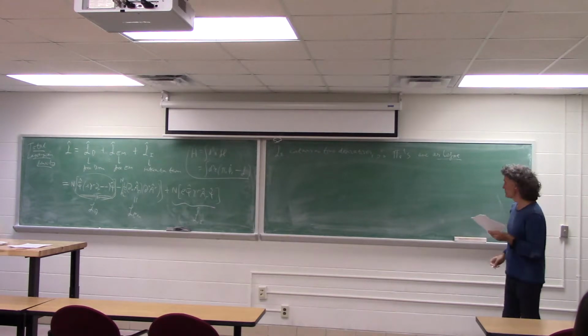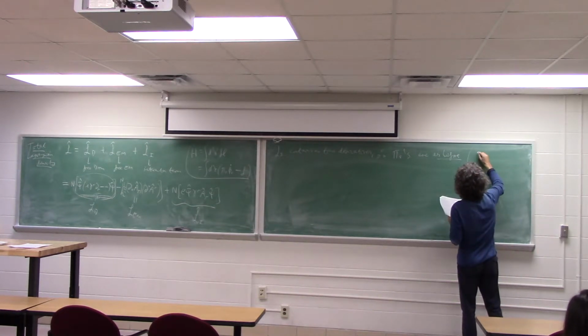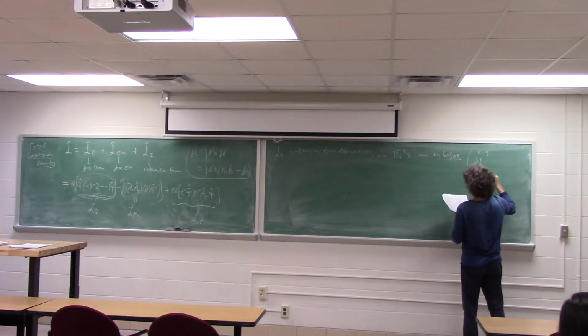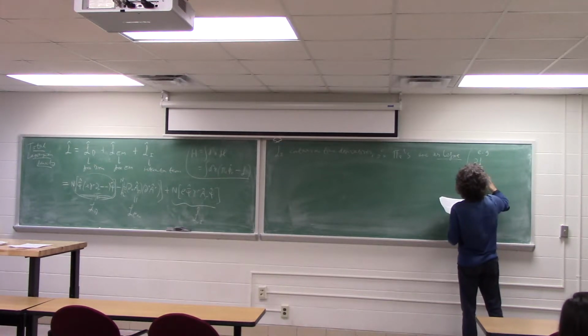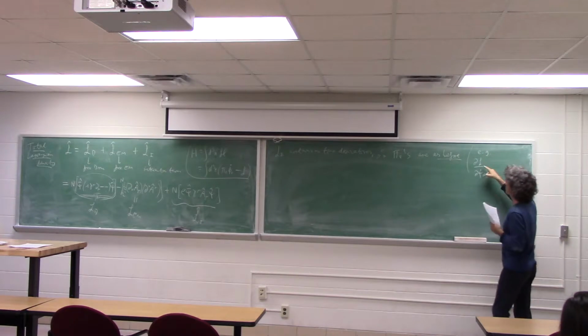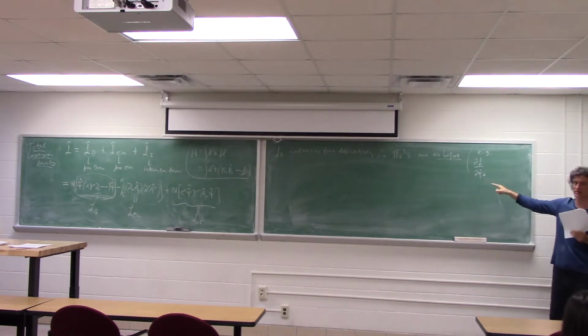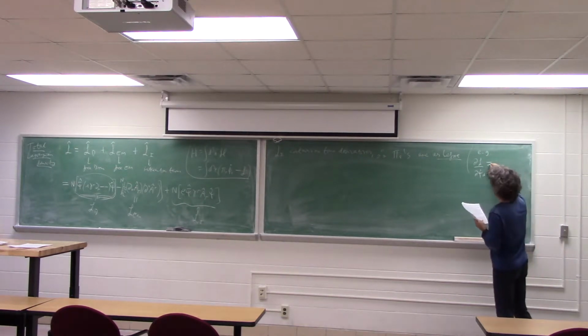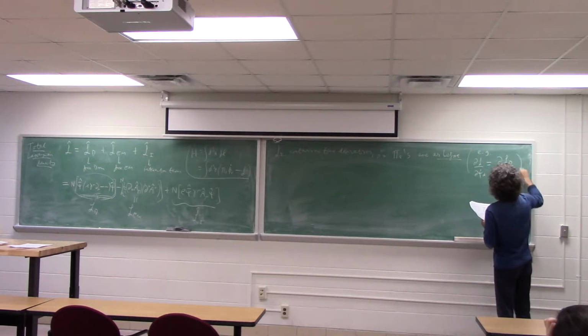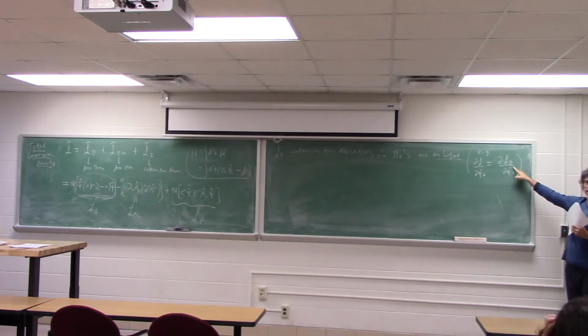So what I mean is, for example, if I look at the partial derivative of the Lagrangian density with respect to psi dot, this is just the same as what we had before with just the free Lagrangian density.